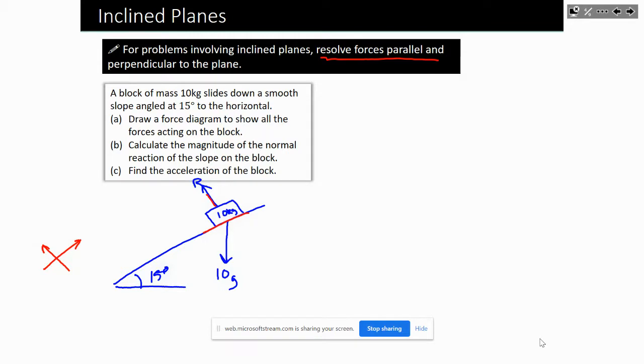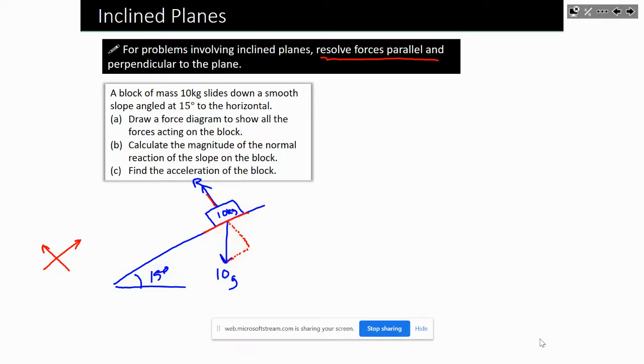So we need to split up our weight into components in line with the plane and in line with the reaction force, like so.